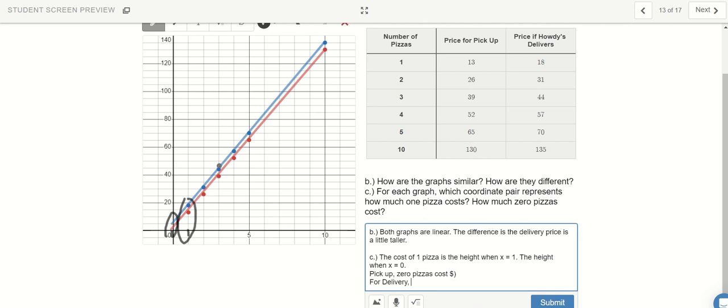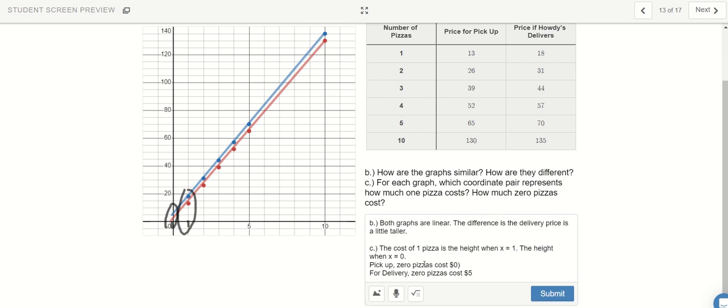So even though I didn't order any pizza, if I just have them bring an empty pizza box, it's still going to cost me $5. So 0 pizzas cost 0 if I pick up, and if I ask them to deliver no pizza, still just by driving down, I still have to pay them $5.